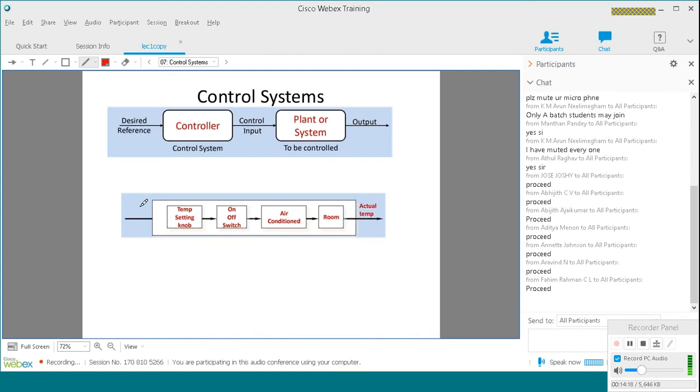If you are in that room, you will observe what is the actual temperature. If your desired temperature is 30 degrees and the temperature is 32 degrees, then you will switch on the air conditioner. If the temperature is 28 degrees, you will switch it off. So this is manual or open loop control. You have to see every time and you will do it.